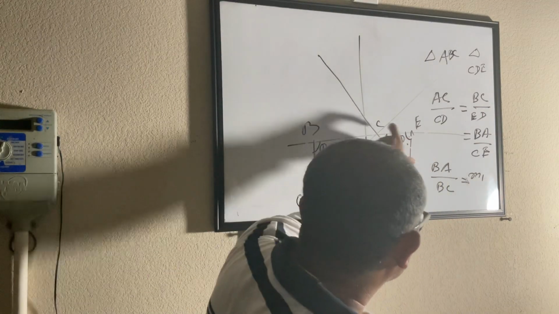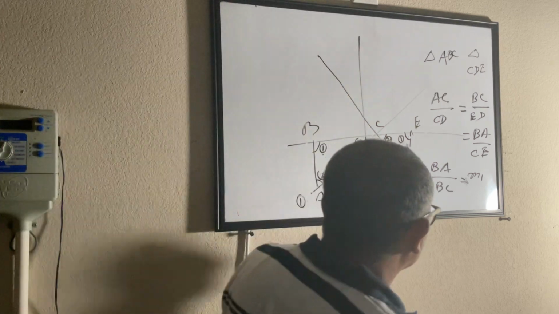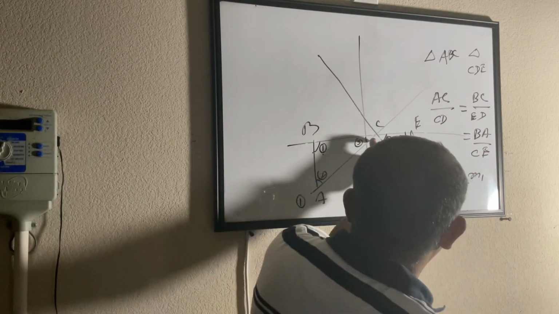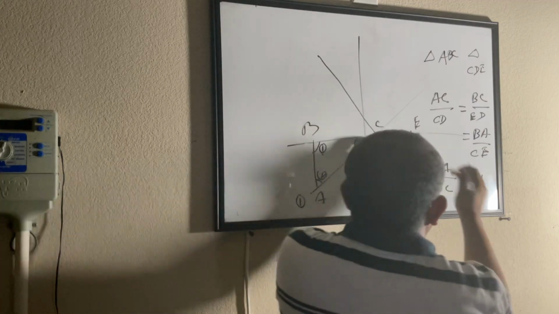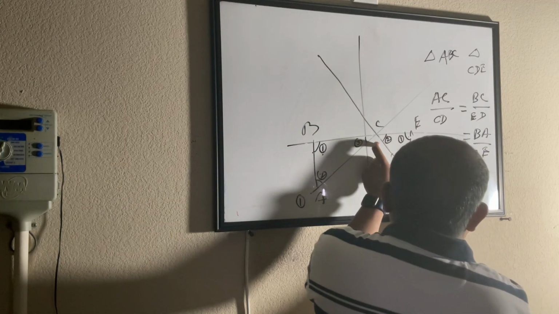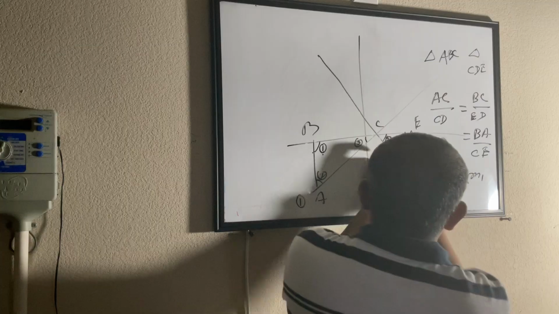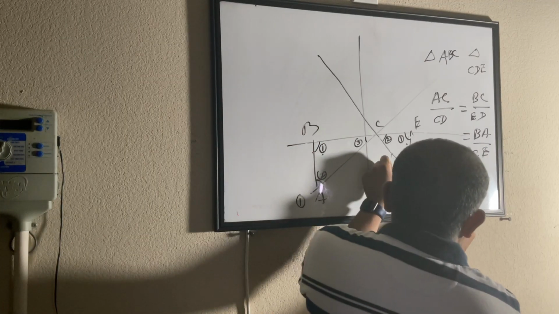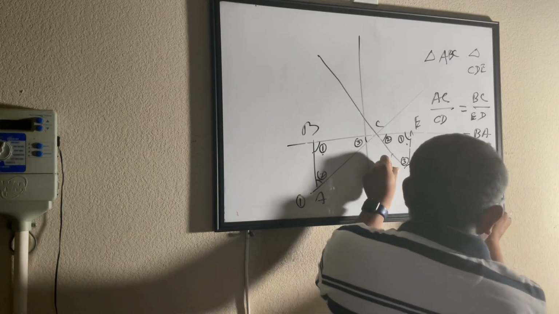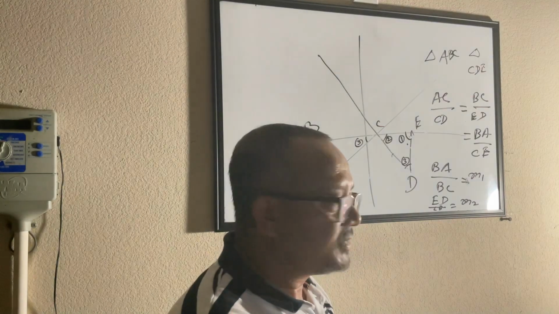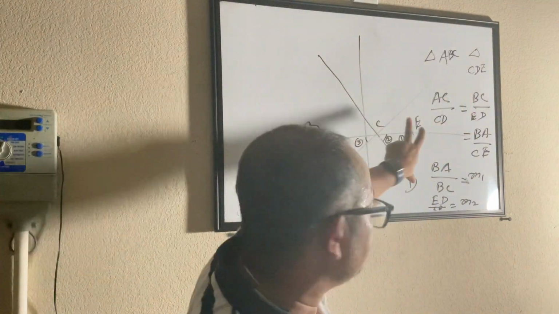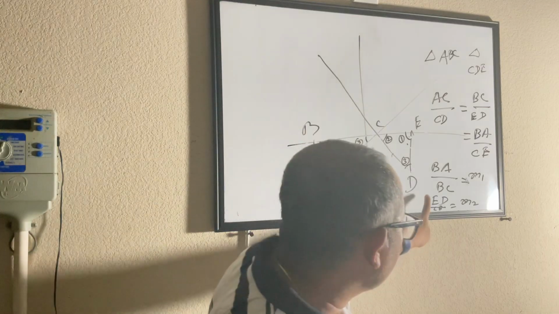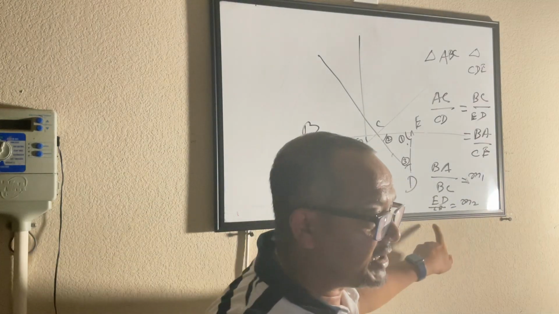What will be the slope of the second line, the one which is perpendicular to this? Y over x. So this will be EB over CE, which will be equal to M2. So I have got a relationship between the sides by proving them similar, and then I'm looking at the slope of my first line and second line.